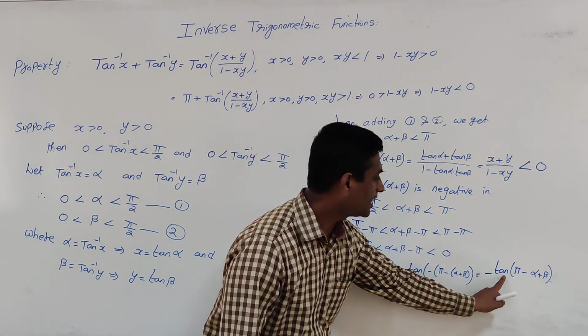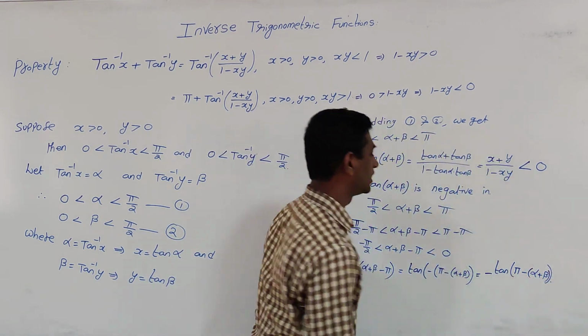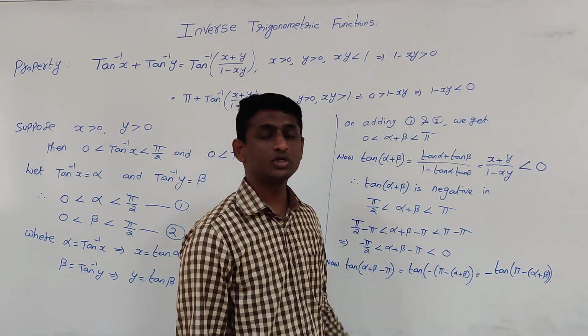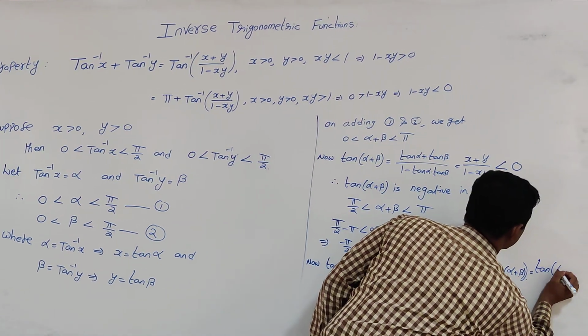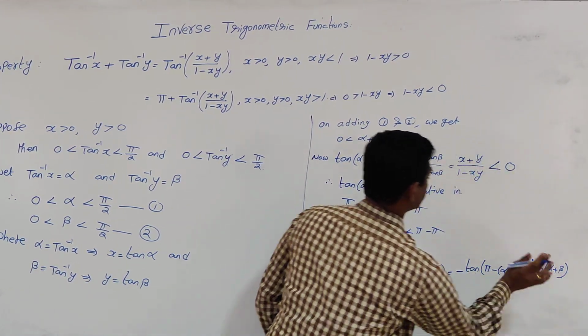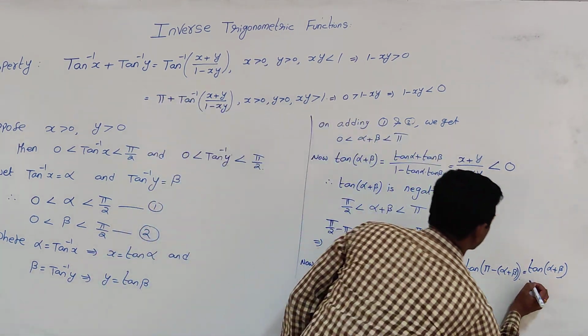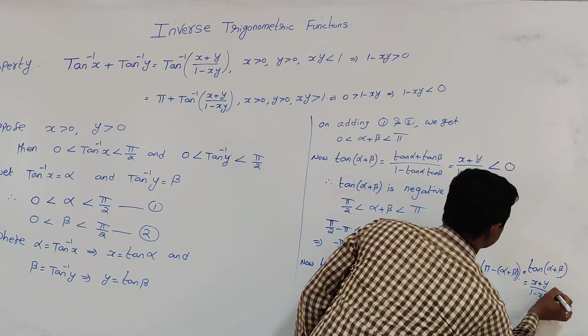So now tan of 180 minus theta is minus tan theta, but already one minus is there, so it will be plus. So it will be tan of alpha plus beta. What is tan of alpha plus beta? It is x plus y by 1 minus xy.